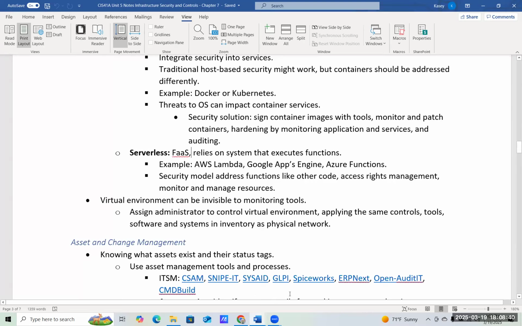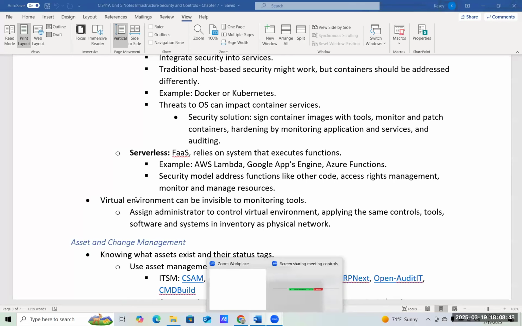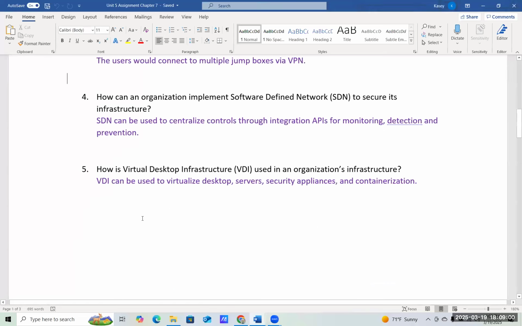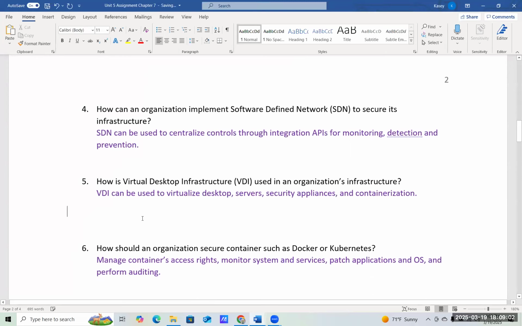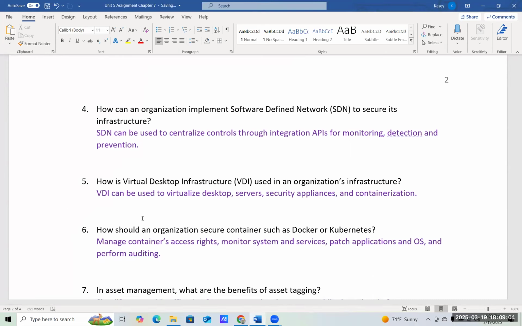Okay, so let me move 4 and 5 to the next page so we can see them together with the next few questions. For number 5, it says, how is VDI or virtual desktop infrastructure used in organization infrastructure? It can be used to virtualize desktops, servers, security appliances, and containerization.